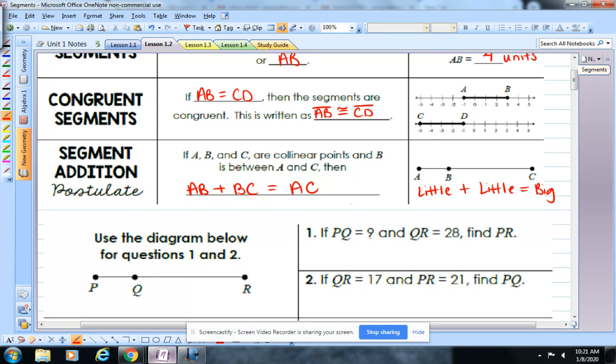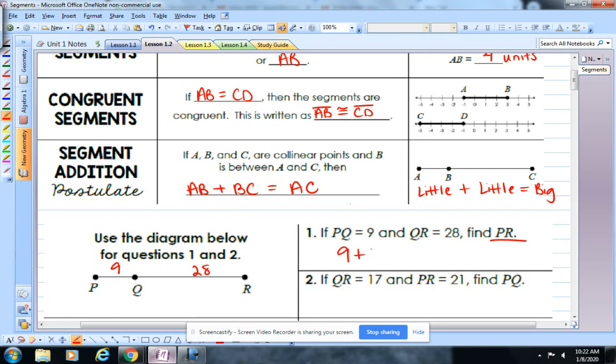So if PQ is 9, I'm going to go where PQ is and write a 9 above it. And then they tell me that QR is 28. They want us to find the length of segment PR. Now, is PR one of the smaller segments, or is it the whole thing? The whole thing. So how do I find that length? I add the 2 smaller segments. So little plus little equals big.